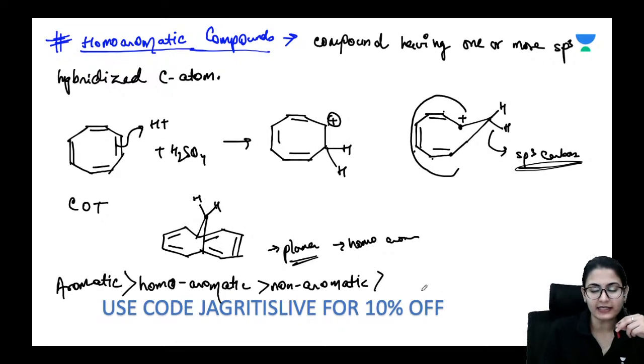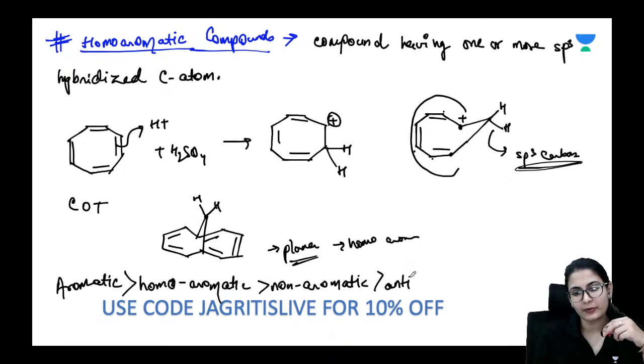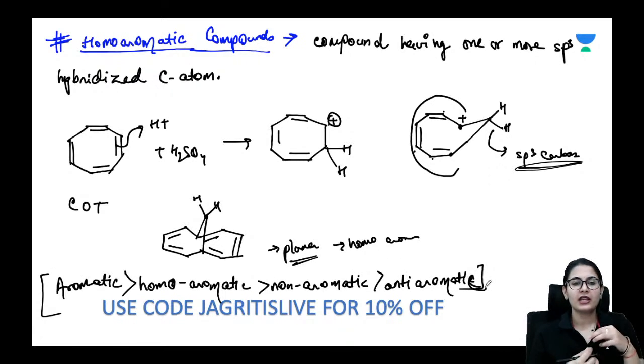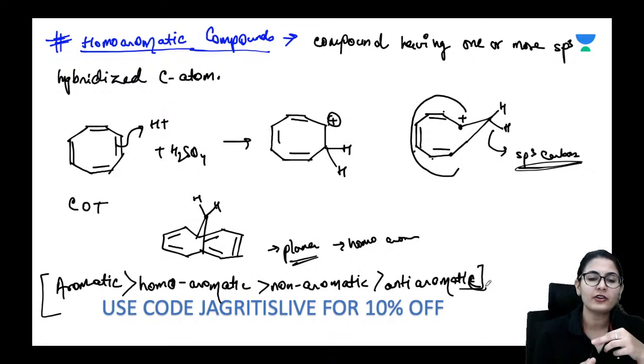Then finally, you have the anti-aromatic system. Okay. So this is the order of stability for your aromatic, homoaromatic, non-aromatic and anti-aromatic. Follow it in this manner.